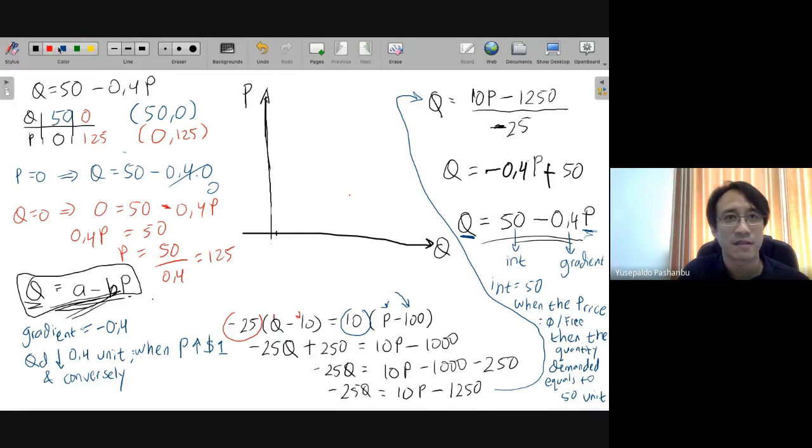So let's draw first 50, 0, q, p. Pretend this is 50. And the second one is 0, 125. This is the coordinate. Then just draw it.